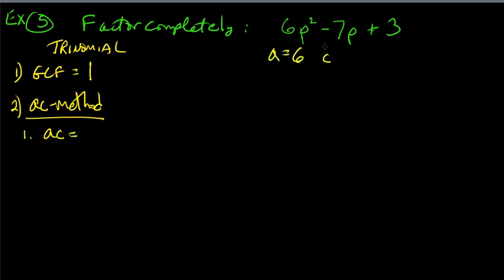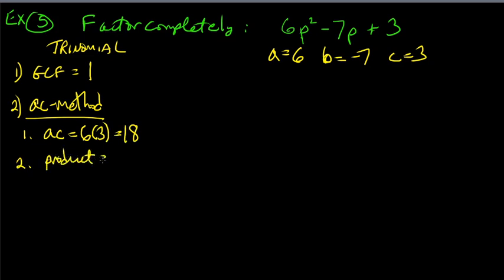A is 6. Oops. B is negative 7, and C is 3. So A times C is 6 times 3, which is 18. So we're looking for 2 numbers whose product is 18, so they multiply to 18, and the sum, when you add them, should be B, which is negative 7.